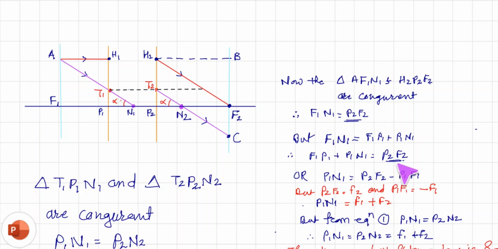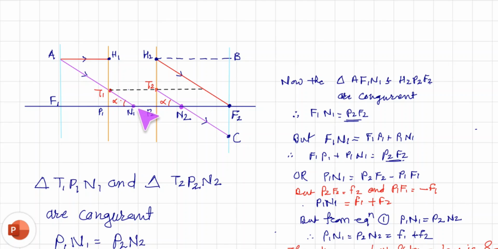I already told you that P2 F2 is nothing but the focal length F2, since focal length is measured from principal point 2, and similarly P1 F1 is equal to minus F1.